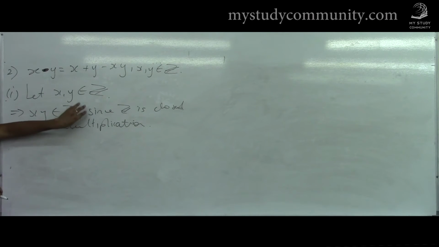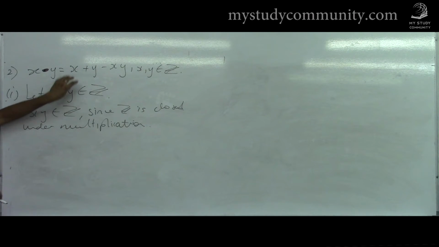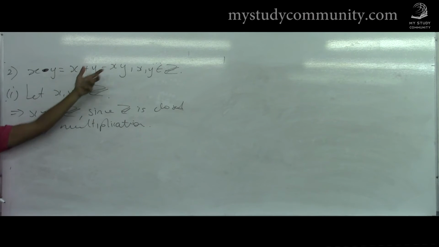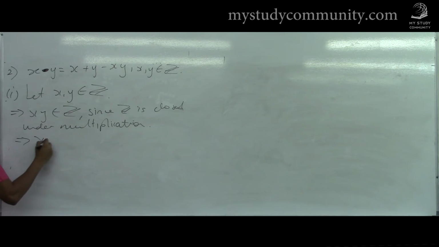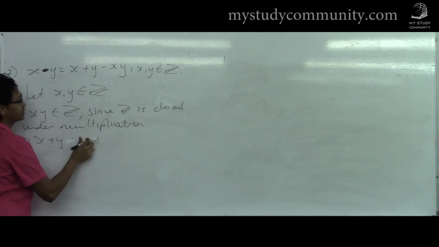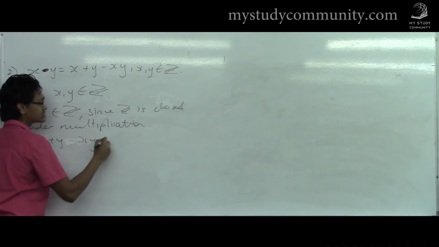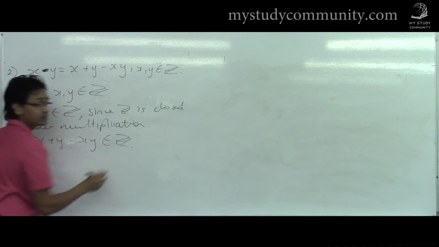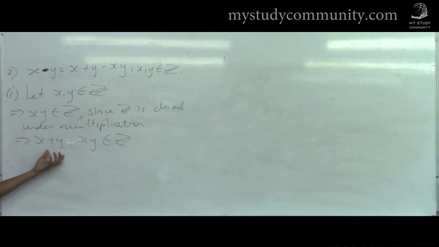And now we know that we have X and Y in Z. Therefore, X plus Y minus XY will be in Z, and this will be because Z is closed under addition.